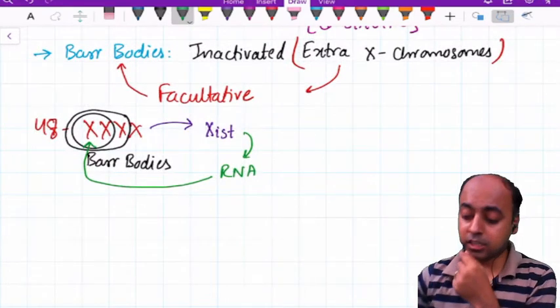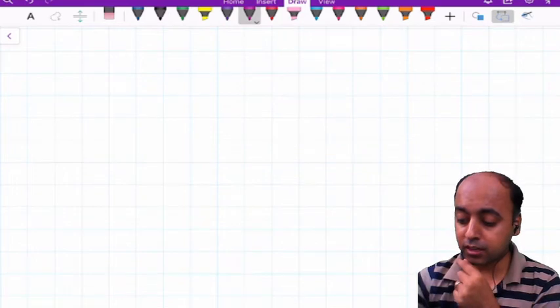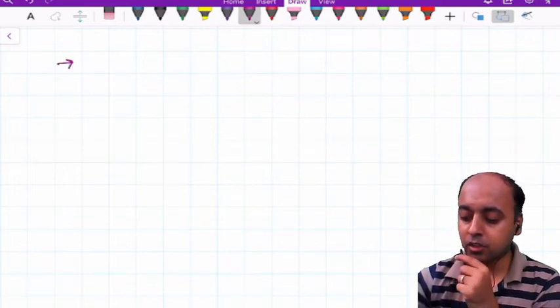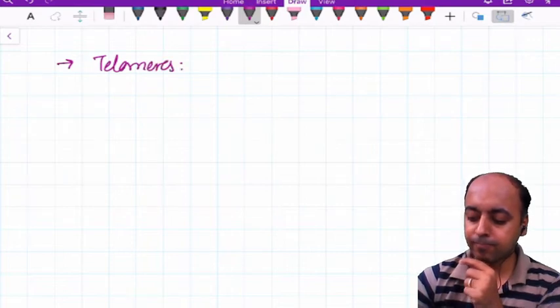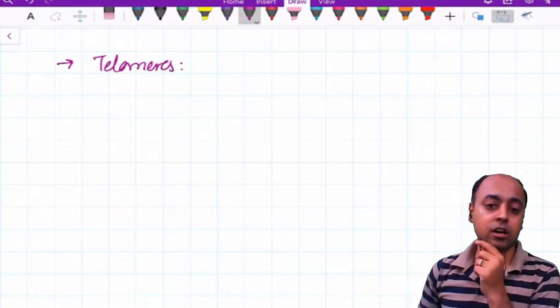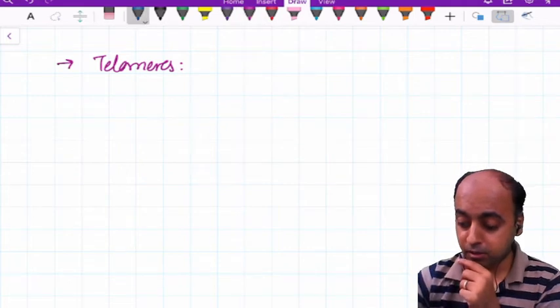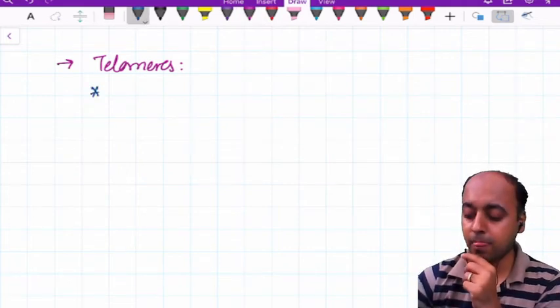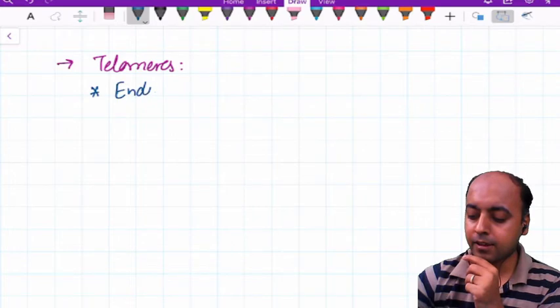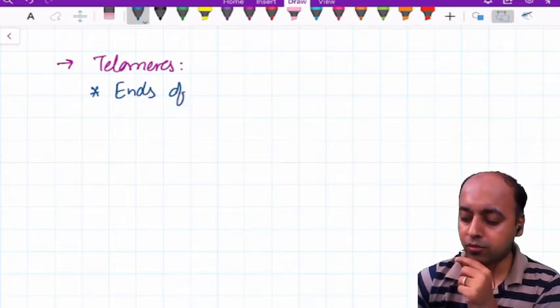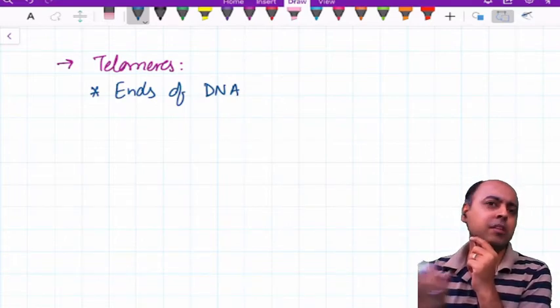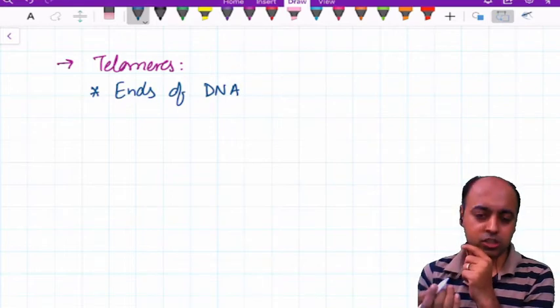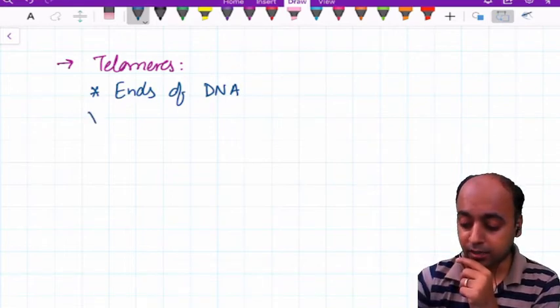We said the three types of the constitutive chromatin are there. We talked about the telomeres. Let's briefly mention what are telomeres. The telomeres are ends of DNA. We can examine them in the chromatin structure or the chromosome structure.